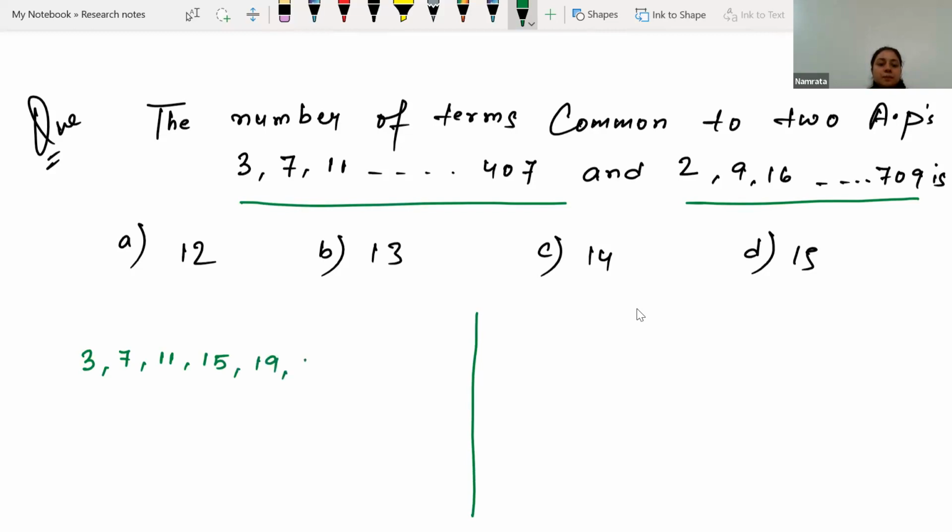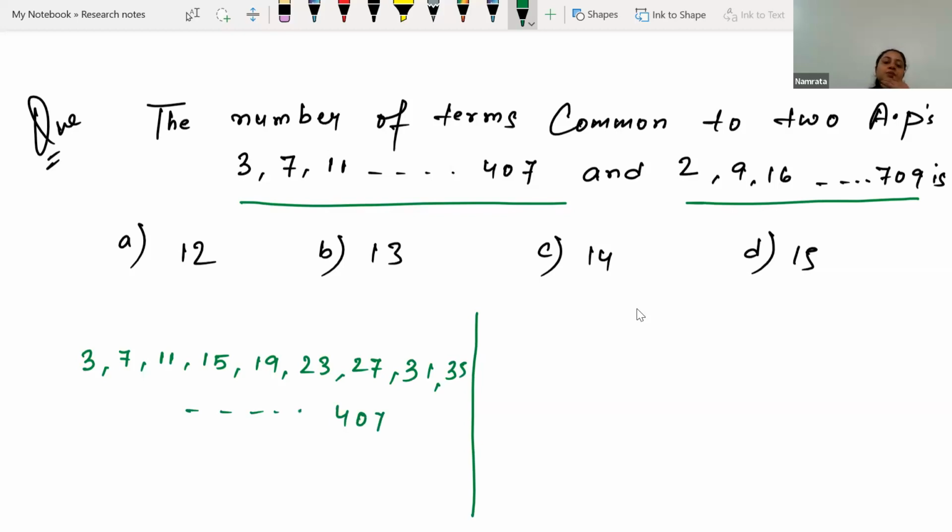Next, 23. Next, 27. Next, 31. After that, 35. Let's keep it this much.